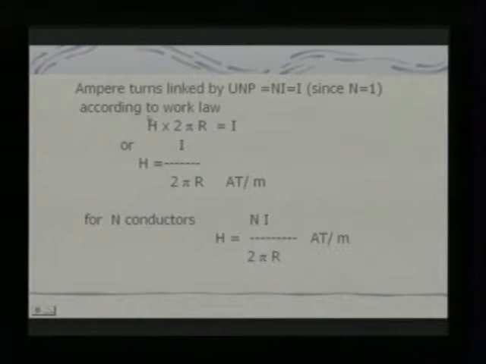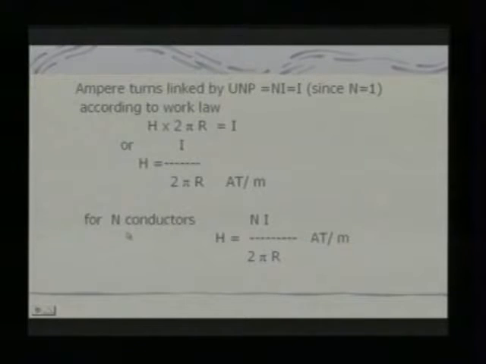Therefore, according to work law, the total work done is equal to number of ampere turns. Therefore, work done, that is H into 2 pi r is equal to I, or it can be written as H is equal to I by 2 pi r ampere turns per meter.